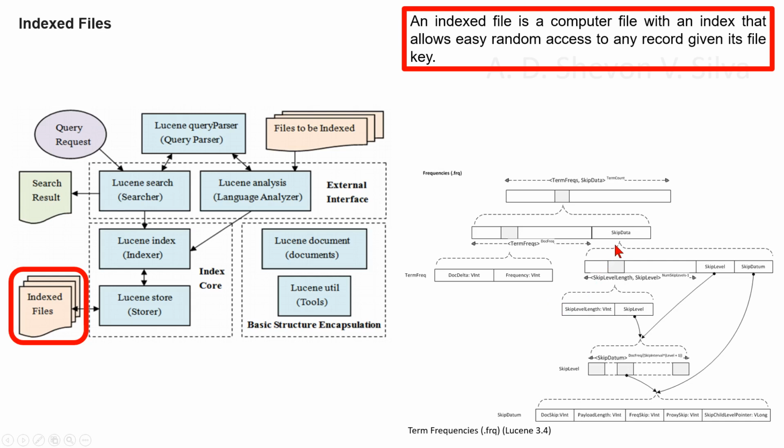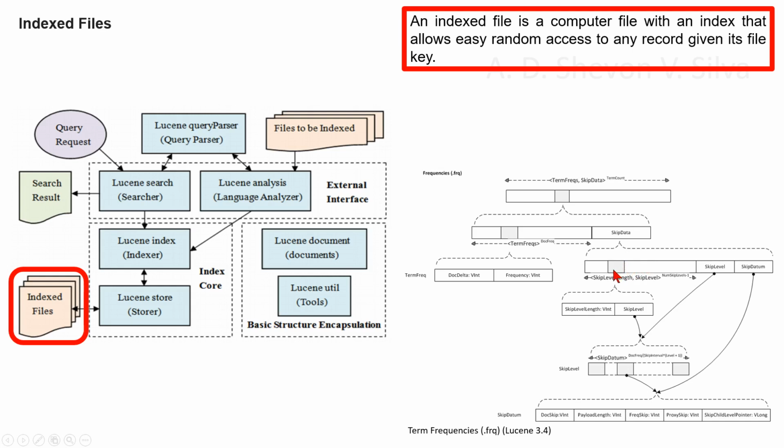Skip data. The skip data contains a set of skip lists that allow us to find term frequency, doc delta, and freq quickly.